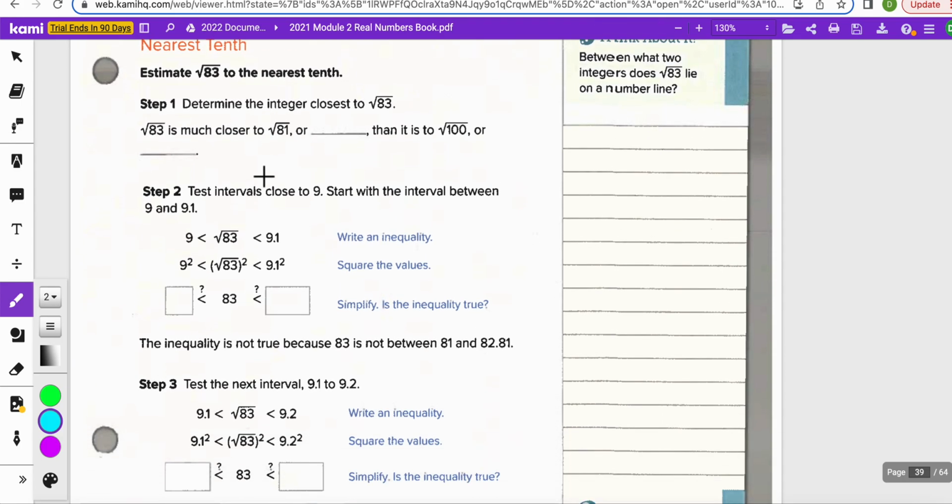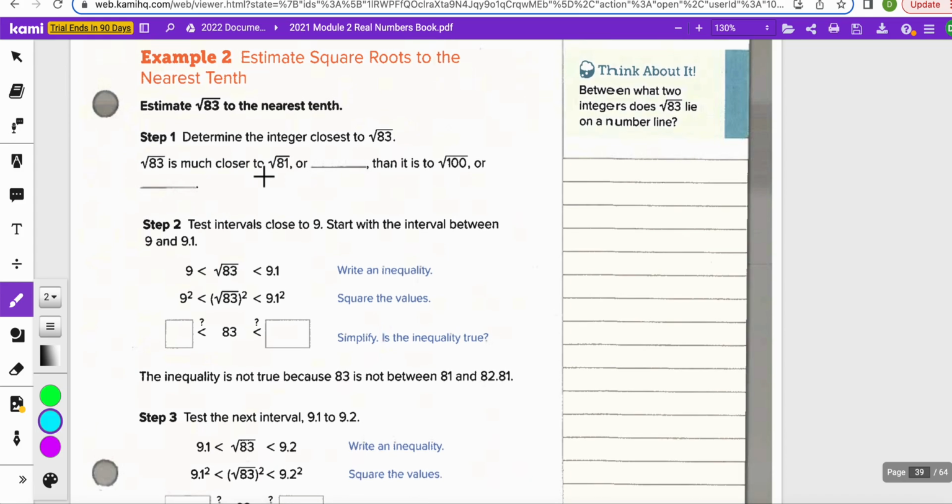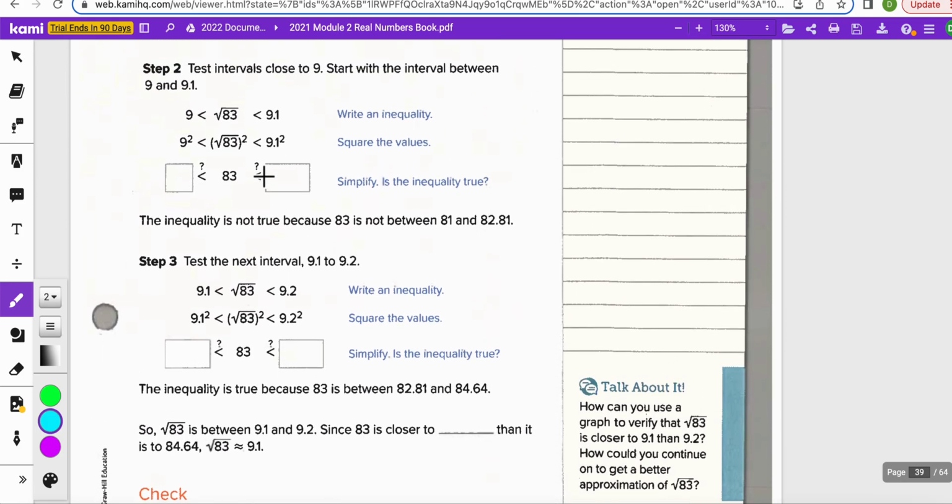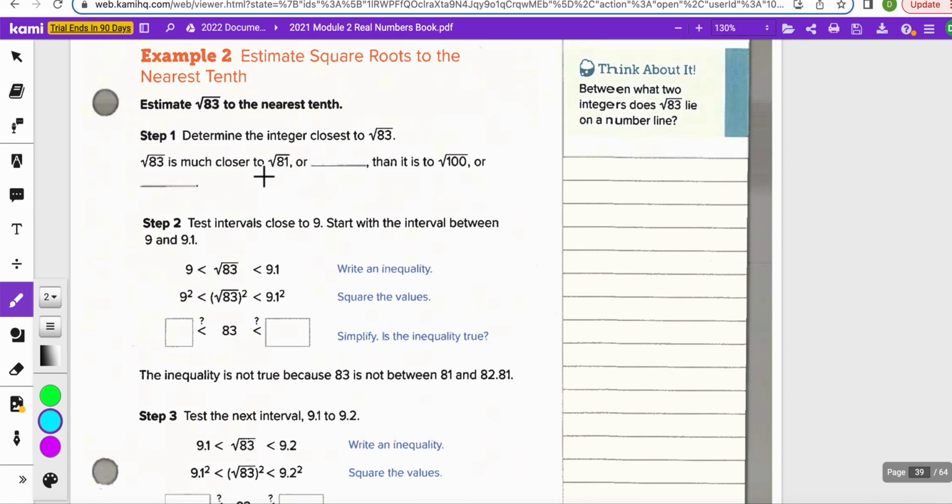All right, take a look at the next page, example 2. So now we're going to estimate. Let's estimate to the nearest tenth. So here's how I do this. Again, I'm going to come over here. I know 9 squared is 81, and 10 squared is 100.